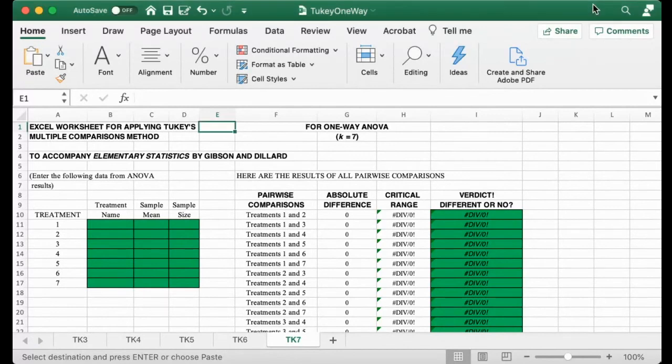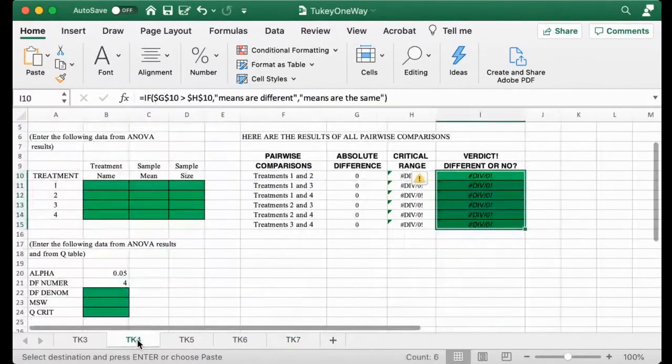It's basically, what is your K in the problem? So in this drive-through problem, what is our K? Wendy, how many groups do we have? Do we have 4 groups? Yeah, it's 4. Okay, so for this problem, just click on TK4.